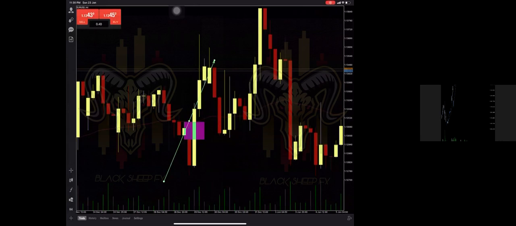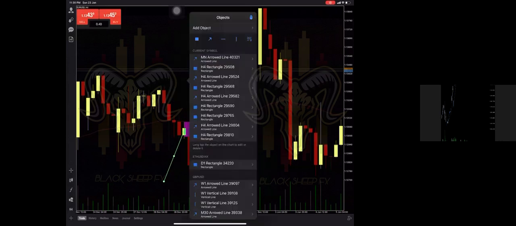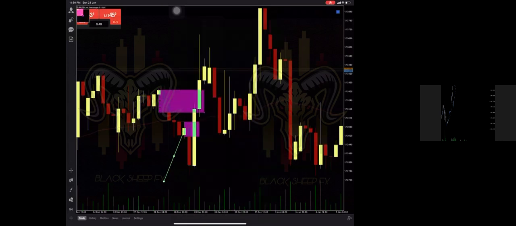But then look what happens here. Because the reversal just now not only broke 1 engulfing sell zone, it broke 2 engulfing sell zones easily. So we know that this guy over here is a strong engulfing buy zone.